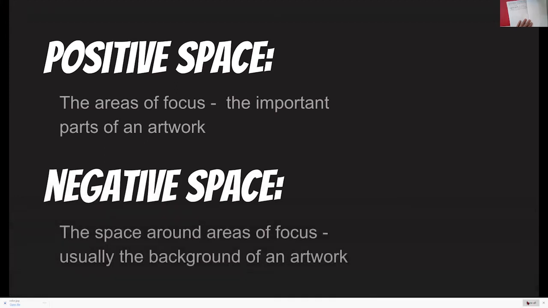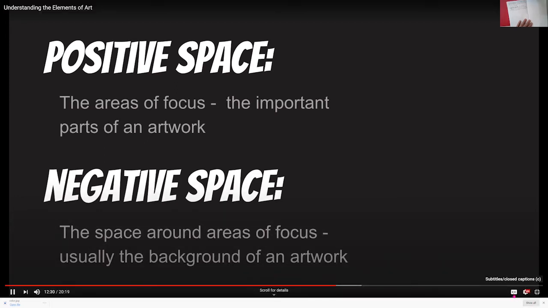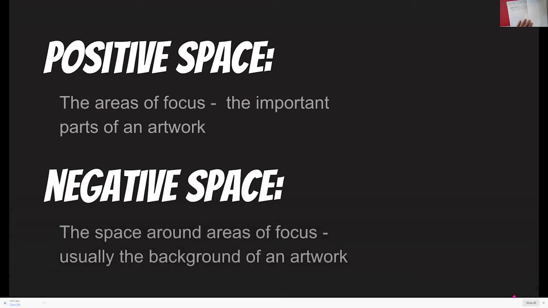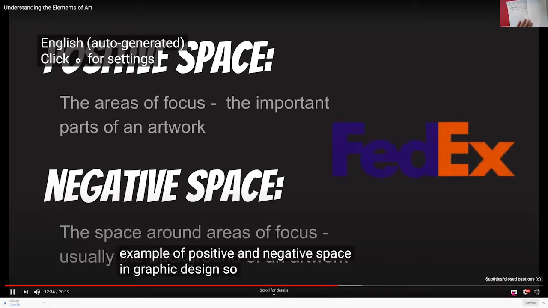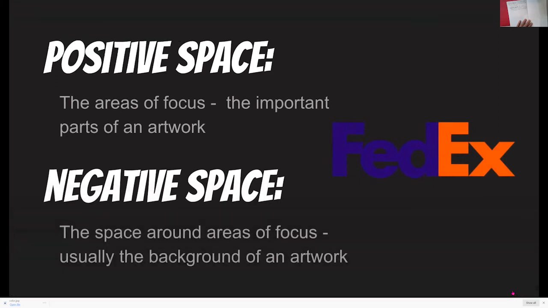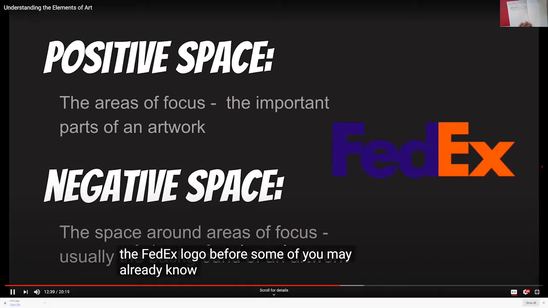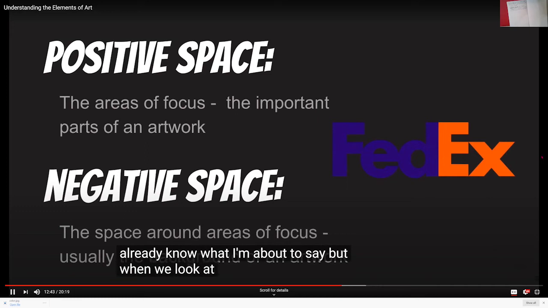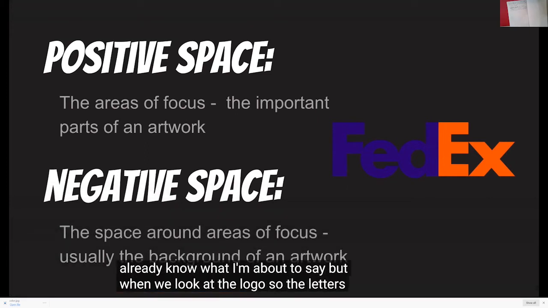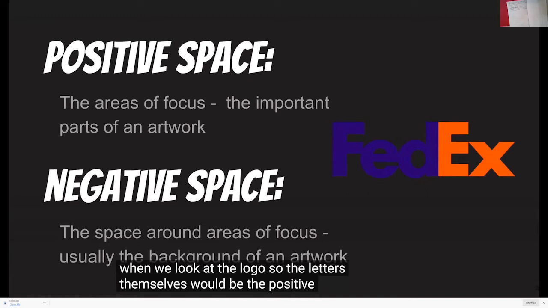So we're going to see a fun example of positive and negative space in graphic design. You may have seen the FedEx logo before. Some of you may already know what I'm about to say, but when we look at the logo, the letters themselves would be the positive space.